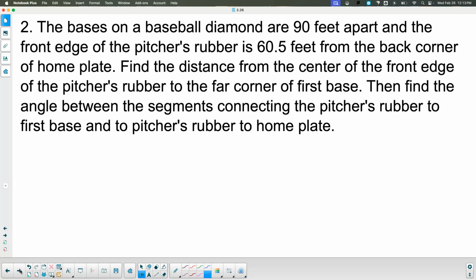Find the distance from the center of the front edge of the pitcher's rubber to the far corner of first base. Then find the angle between the segments connecting the pitcher's rubber to first base and the pitcher's rubber to home plate. Okay?